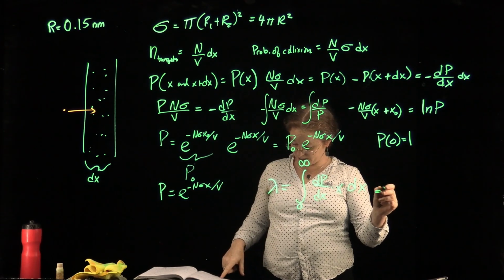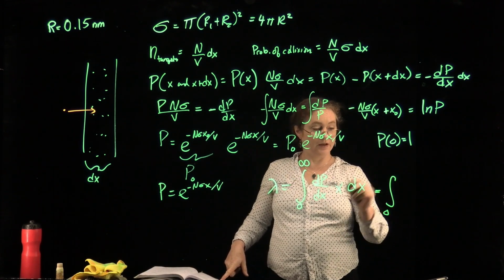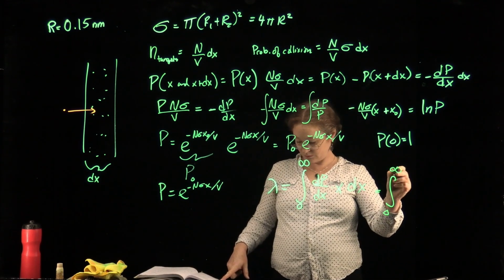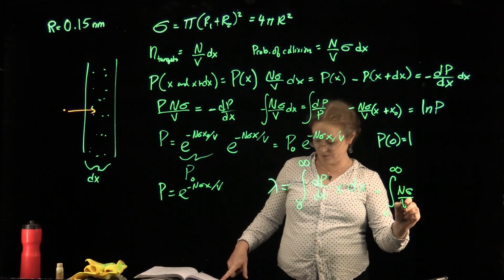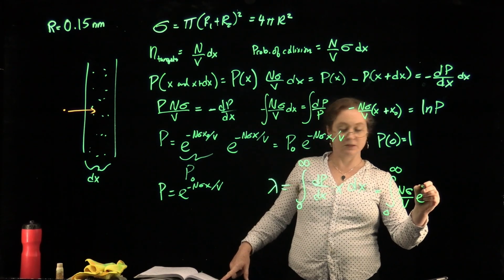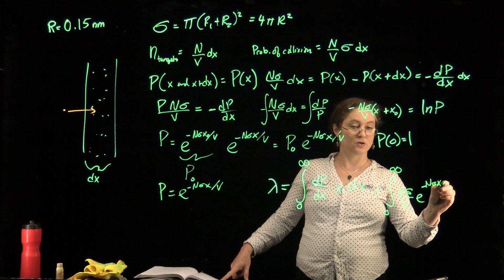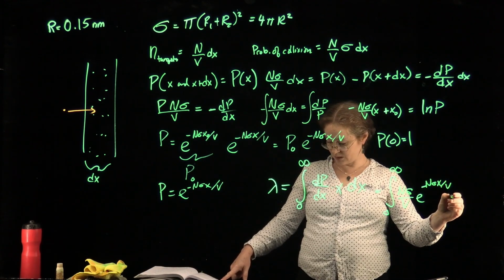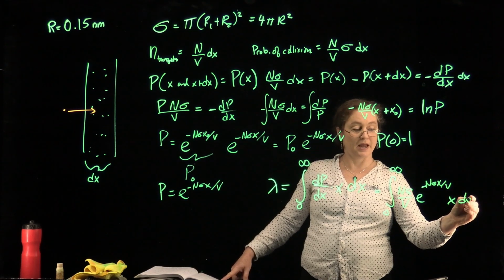So when I plug this in, I'm going to have n sigma over v e to the negative n sigma x over v times x dx.